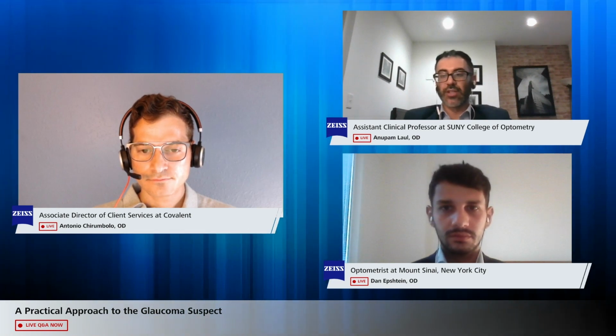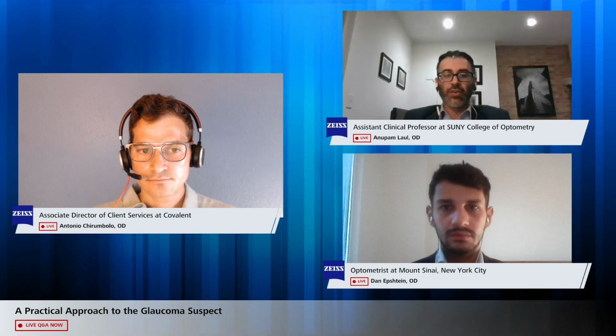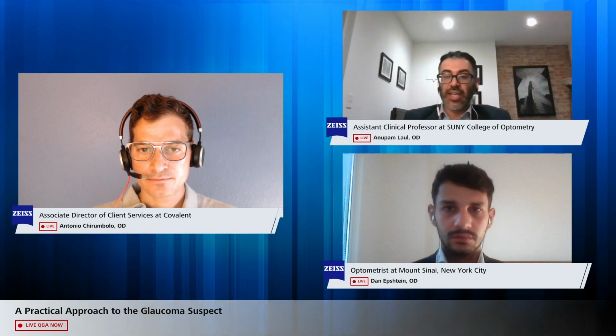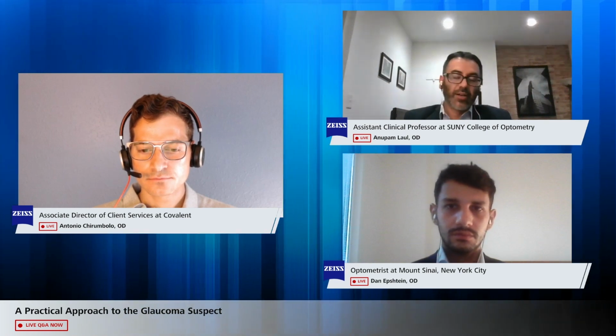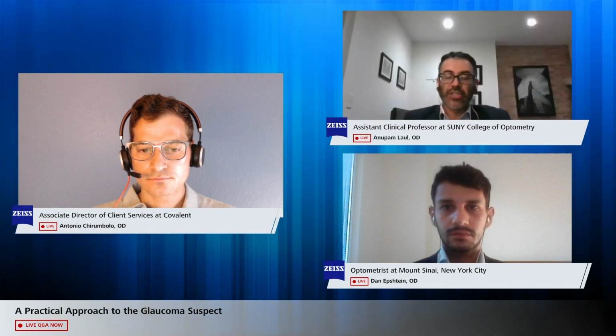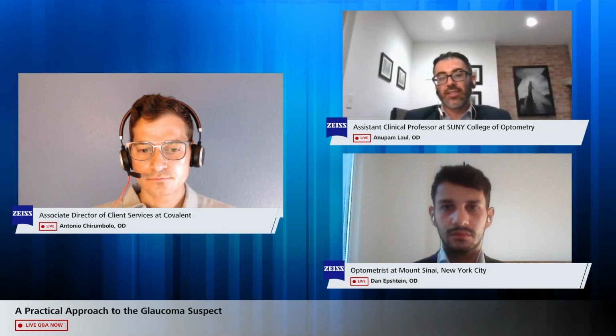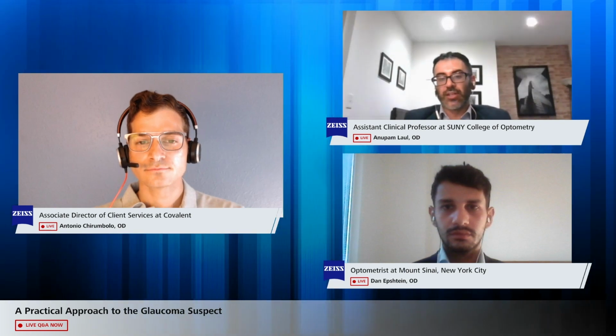I definitely use both. So obviously the advantage of the gonio lens is that you can look at pigment. You can't see how much pigment's in the trabecular meshwork with an OCT. When it comes to things like PAS, things like areas of recession, these things you can only get using a gonio lens.